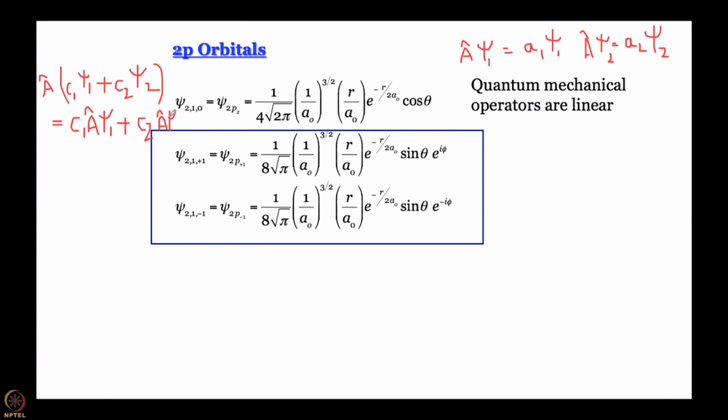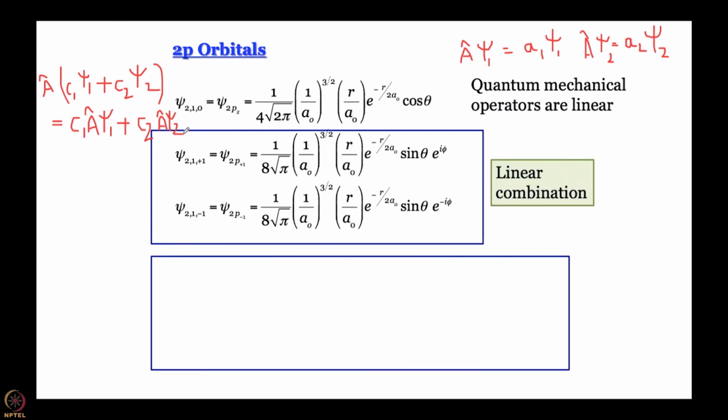This is the meaning of an operator being linear. Okay. We are going to use this and try to use some linear combination. So, what we are saying essentially is that if we have a linear combination of acceptable solutions, then they should also be acceptable functions. Is that always the case or is it not the case always?